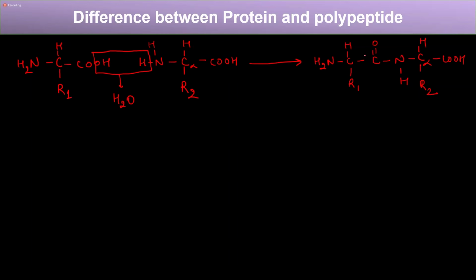Now, this bond that is formed is known as a peptide bond. And this structure, because it comprises only two amino acids, is known as a dipeptide.